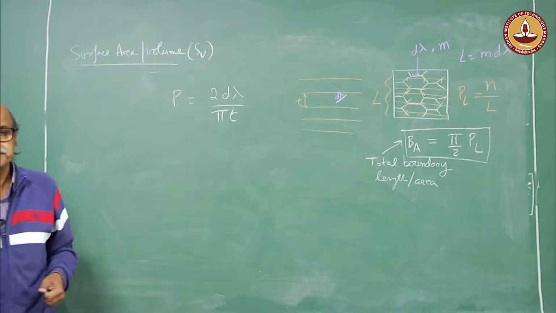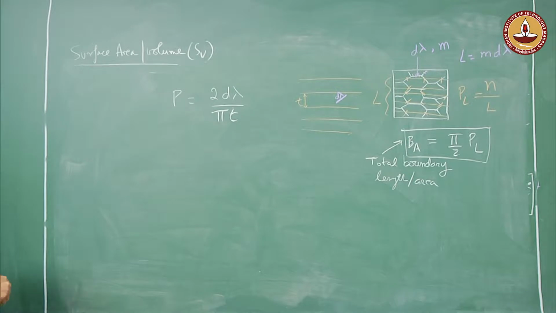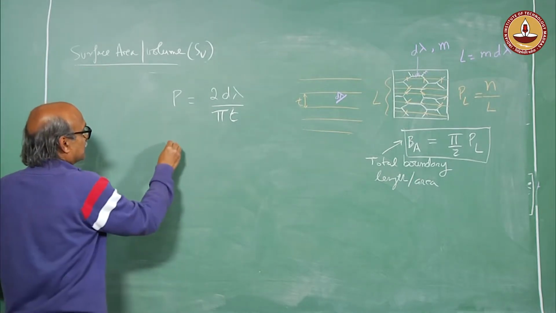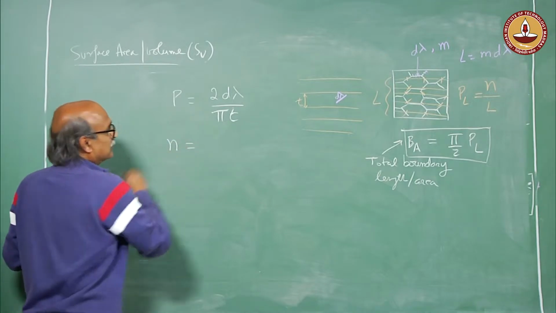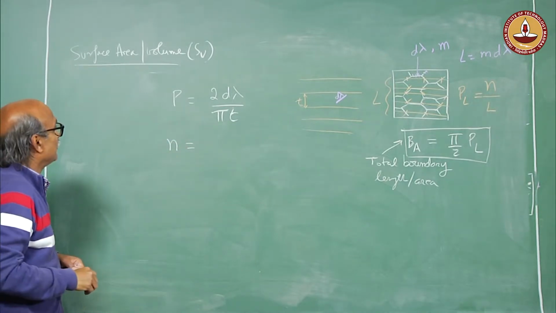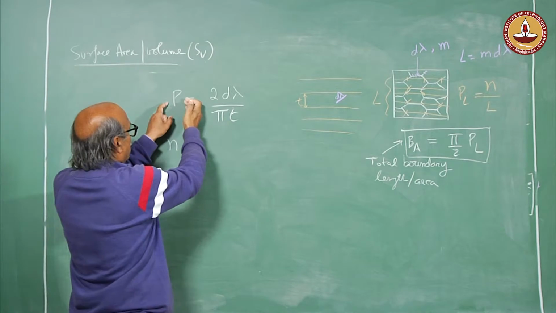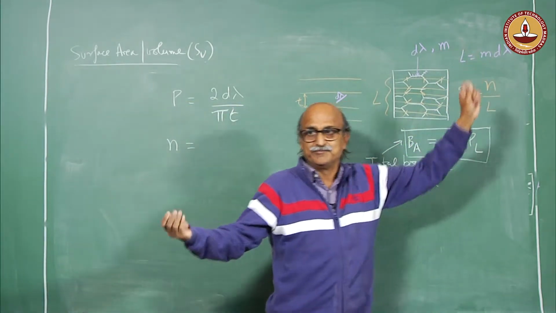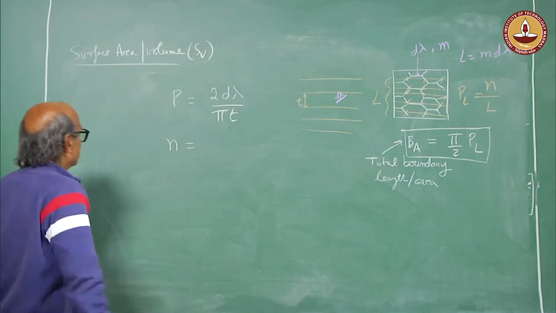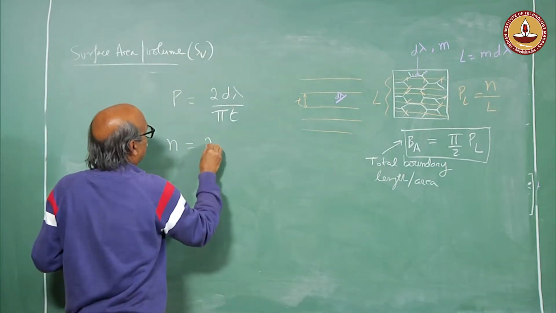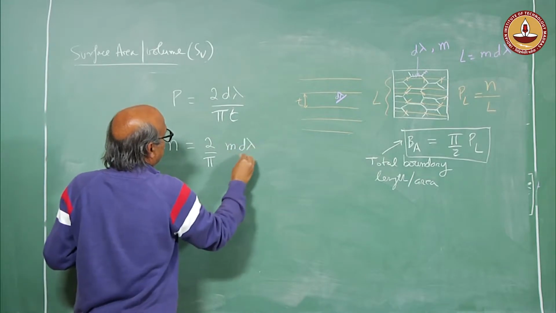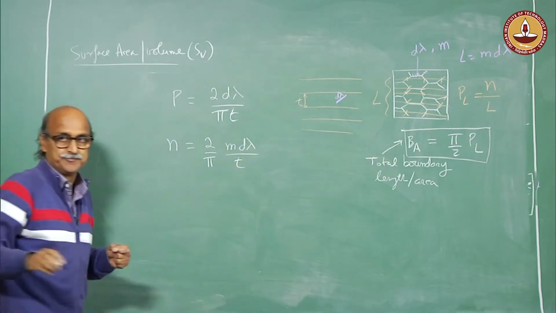The expected number of intersections, small n, that I should get would be this probability multiplied by m needles. So, this would become 2 by pi times m times d lambda upon t.